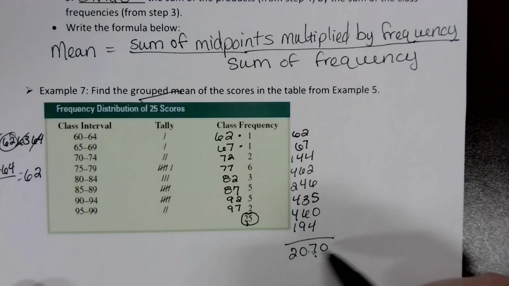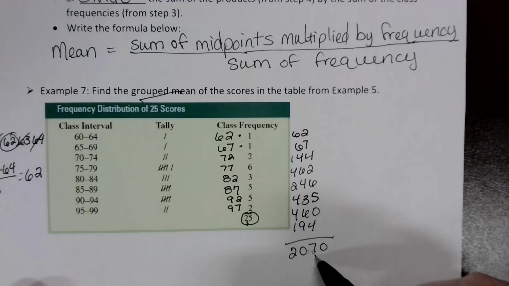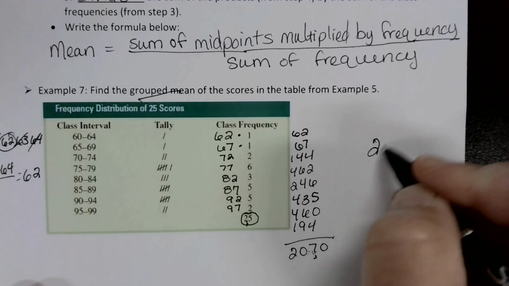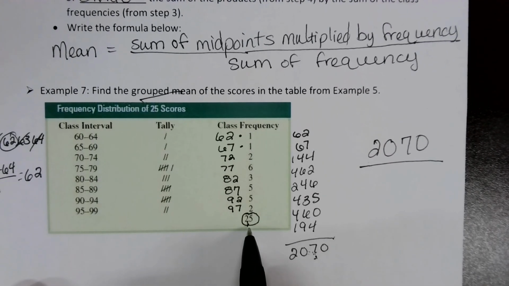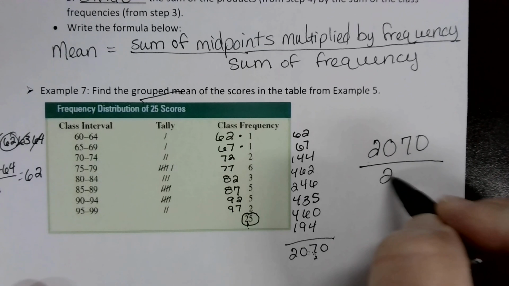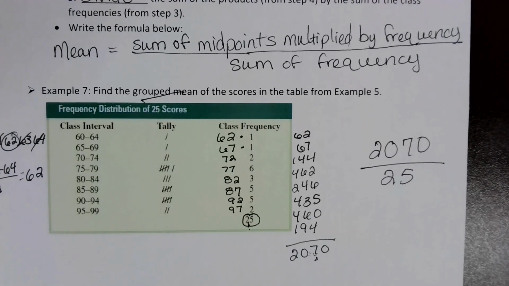So taking the sum of the midpoints multiplied by the frequency right here was 2070. We're going to divide that by the sum of the frequency, which was 25. 25 students tested. We're going to divide that on a calculator because we're not going to kill ourselves today trying to do stuff.